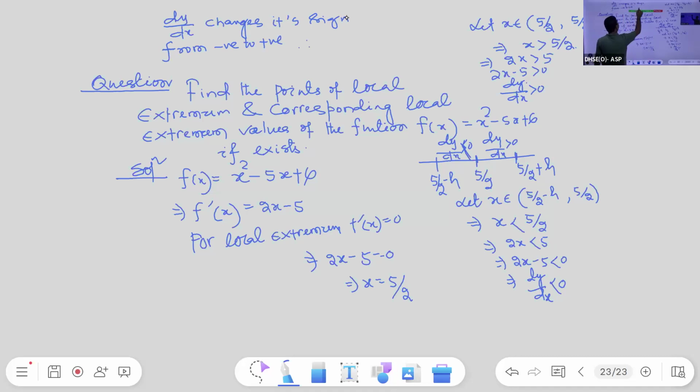Thus, x is equal to 5 by 2 is the point of local minimum.